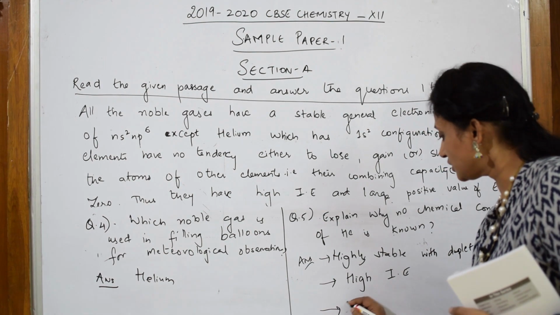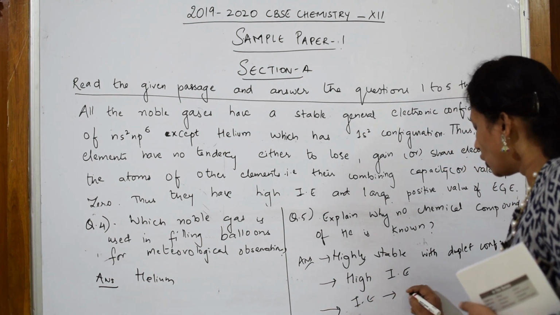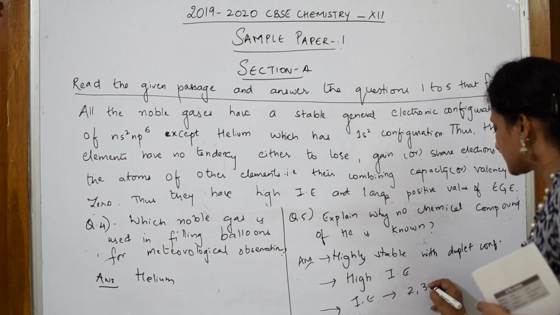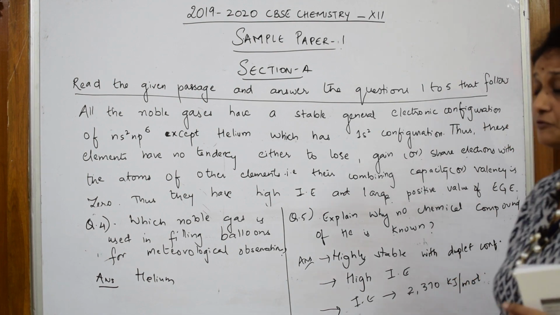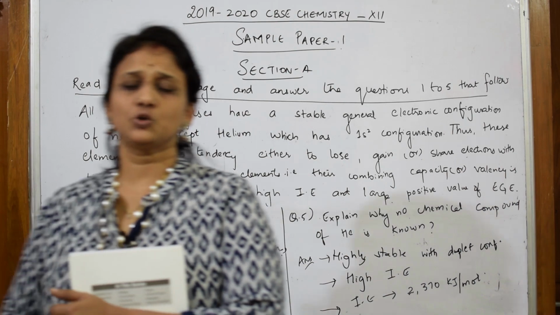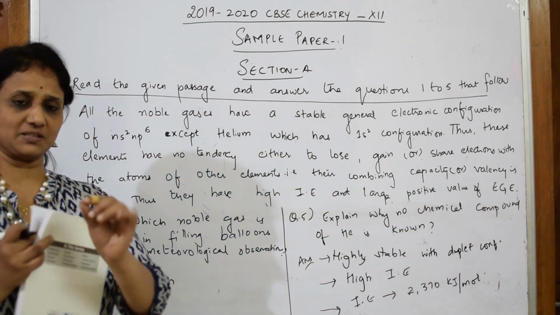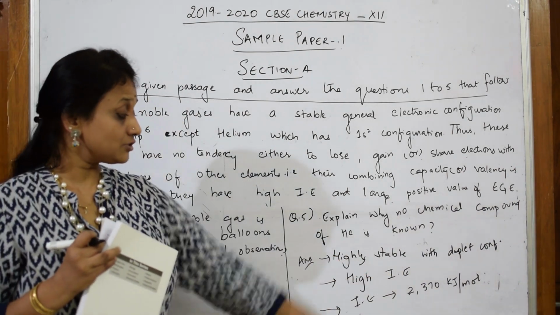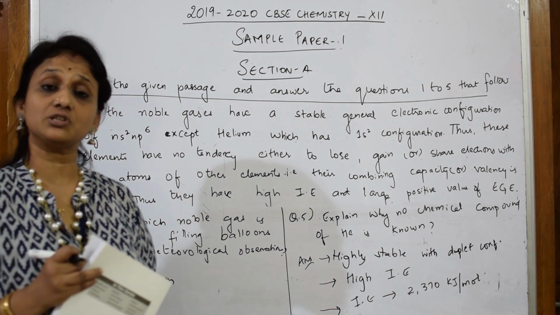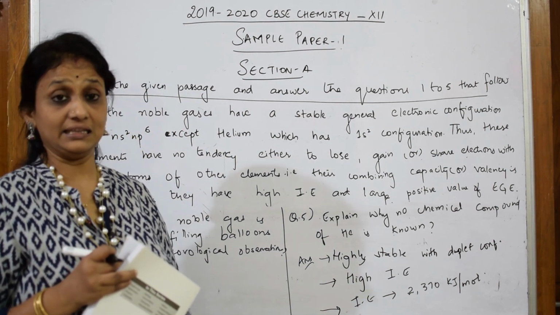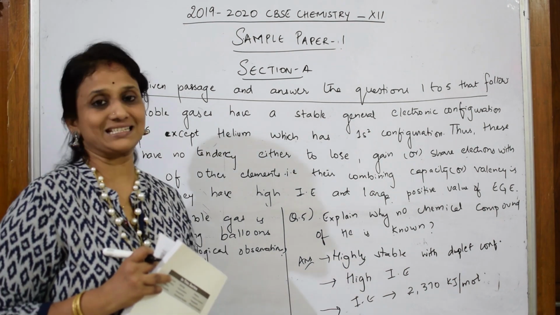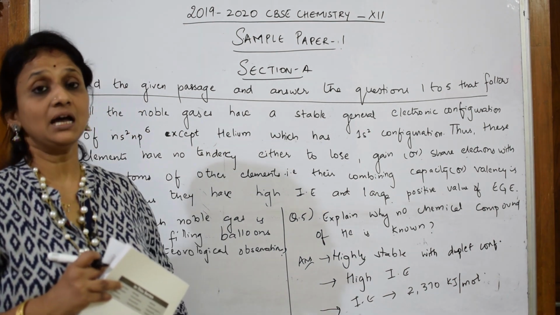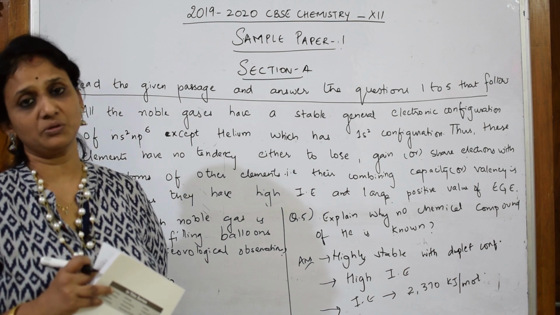Basically the ionization energy of helium is almost 2370 kilojoules per mole. 2370. If I have to speak about neon, it is almost 2018 kilojoules per mole, plus or minus, I'm telling you. So I have to apply 2370 kilojoules per mole to break it and then form a bond. It is highly impossible, right? So because of this, the helium atom does not form compounds.